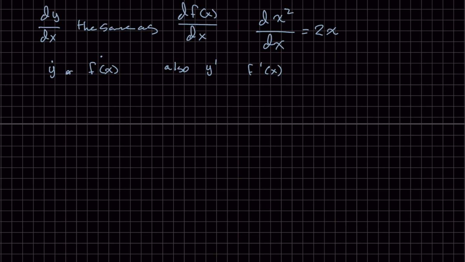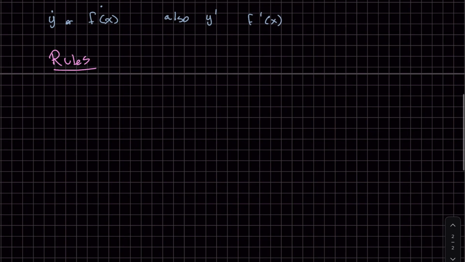And so now we can get into more rules about derivatives. Rules. I'll do it in pink. So we have a list of basic functions we can take derivatives of and what their derivatives are.